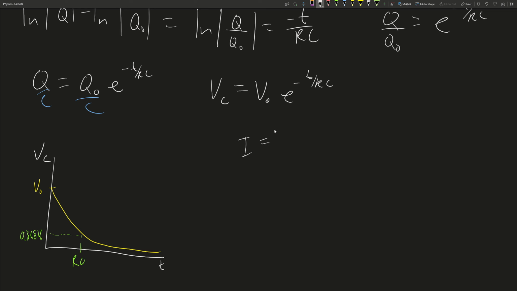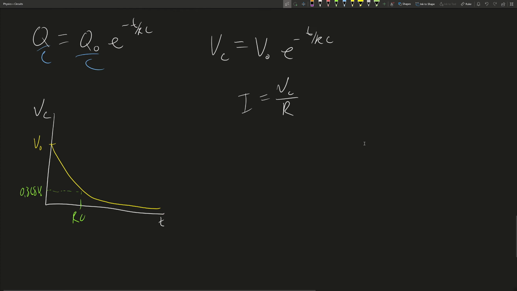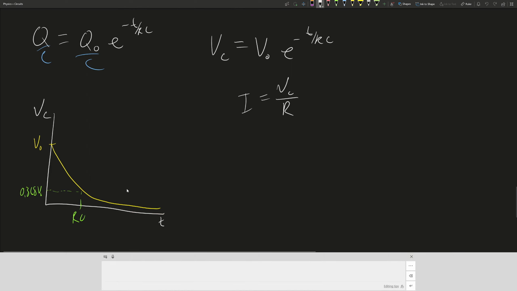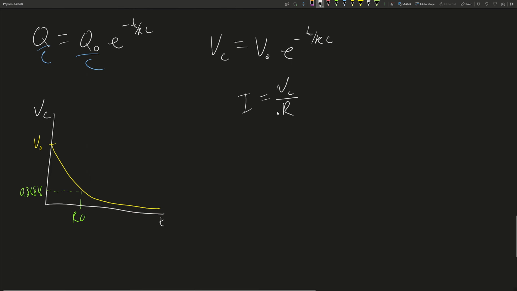And then if we look at the current again, this current is just going to be equal to the capacitor voltage divided by the resistance. And since resistance is a constant value, this graph will look the same.